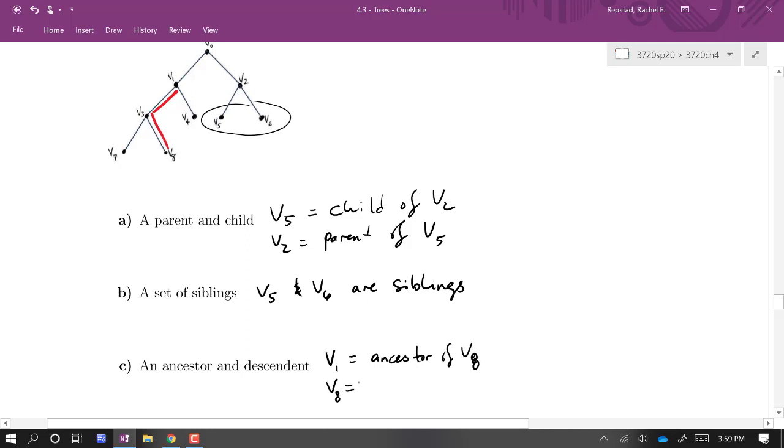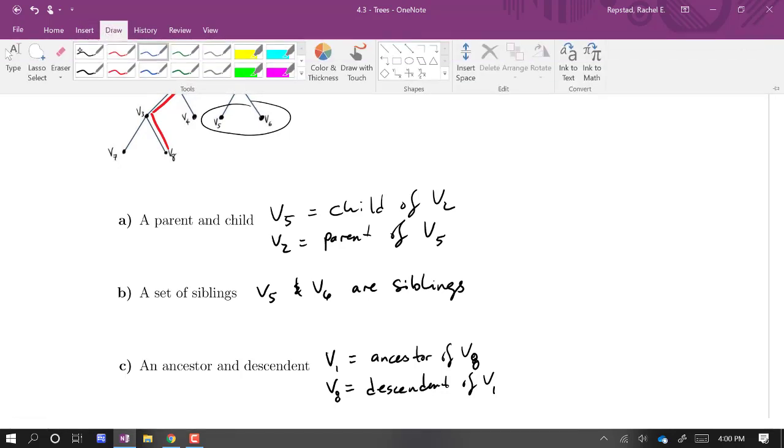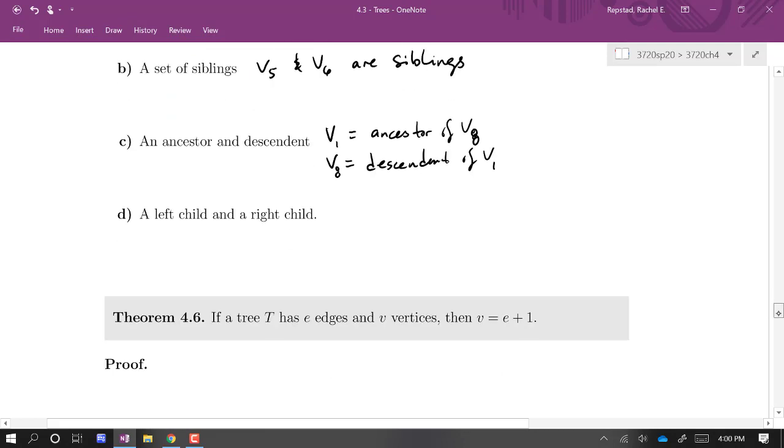V8 is a descendant of V1. A right child and a left child. Let's see. So maybe look at V1 and V2. So V1 is a left child, V2 is a right child.